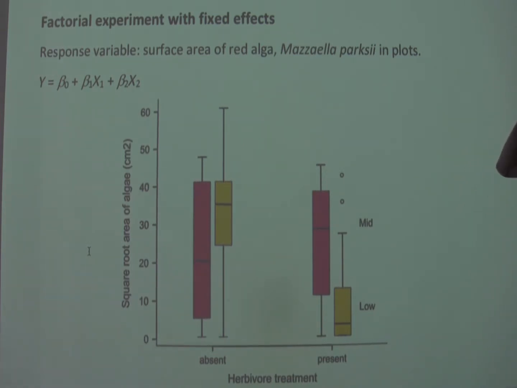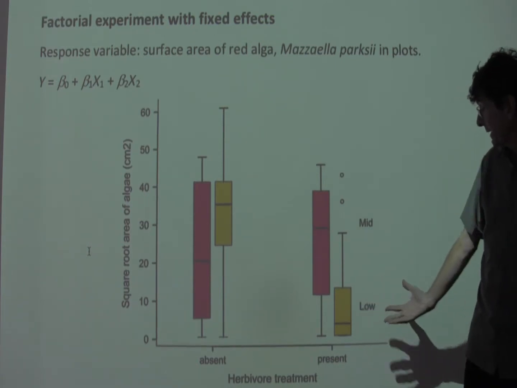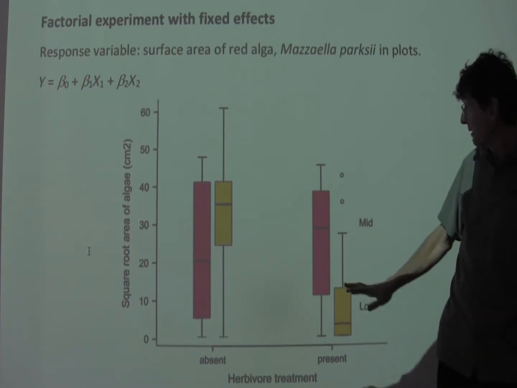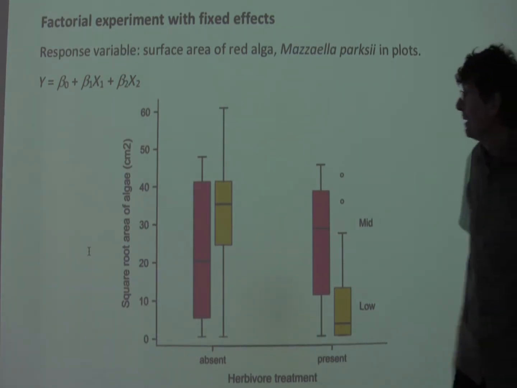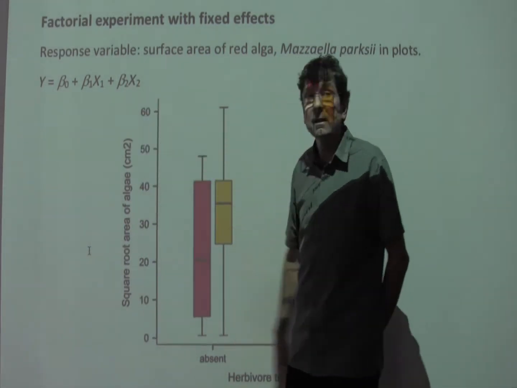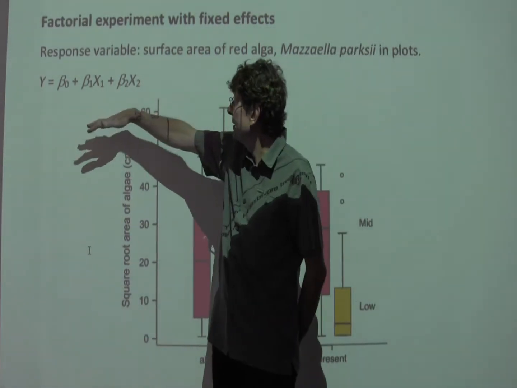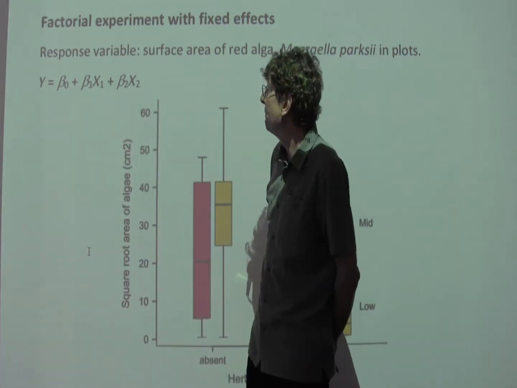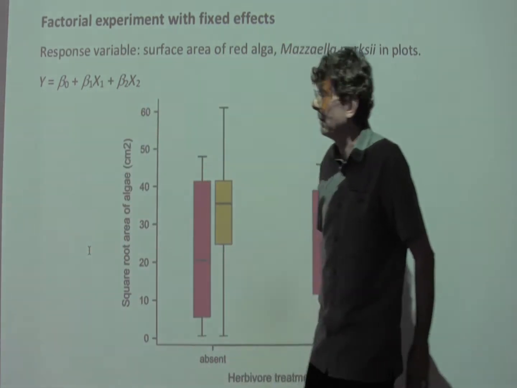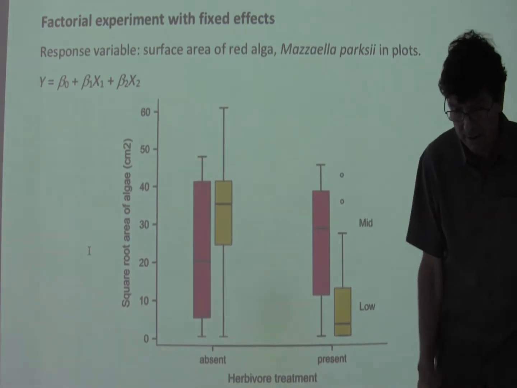And he observed, in this case, that there was an effect of herbivore treatment on algal growth, but it depended on which region of the intertidal the experiment was carried out upon. Once again, here's a description of the linear model that would be used to analyze it. Again, x1 and x2 are the two factor levels, and the parameters that describe them will look like that.